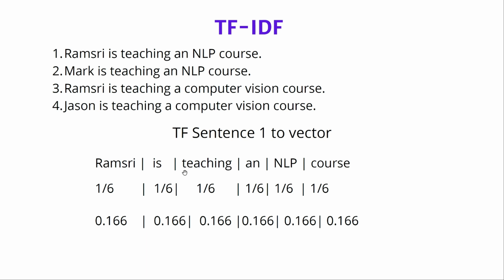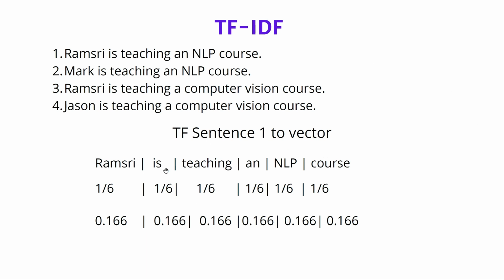Now what we can do is, words like "is" and "an" do not carry much information. So these can be considered as stop words, and perhaps in this case we can remove them. But one thing to remember is that when we get to advanced algorithms like transformer-based models, even stop words are necessary and you need not remove them.